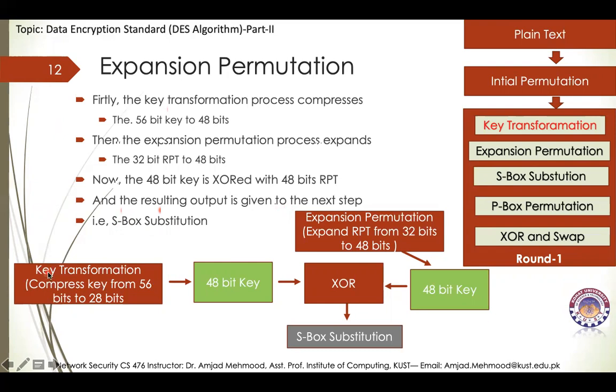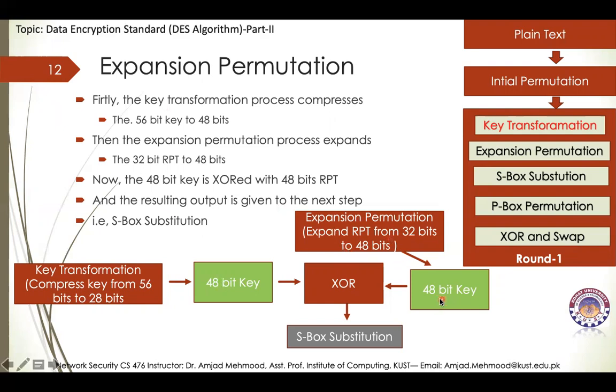You can see here that key transformation compressed the key from 56-bit to 48-bit. Now this is 28 bits, and now we have the 48-bit key, and then this will be XORed. You see here XORed, and you can see that expansion permutation expands the right plain text from 32-bit to 48-bit, as we have increased 2 bits in each block.